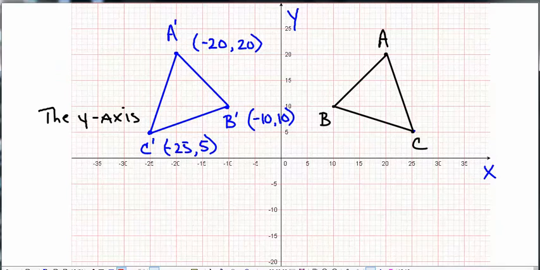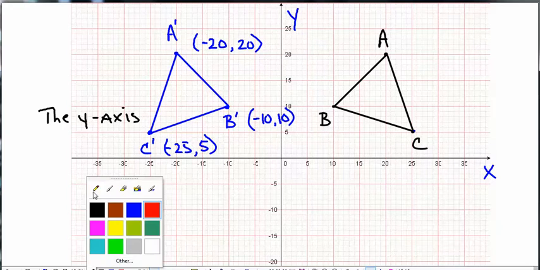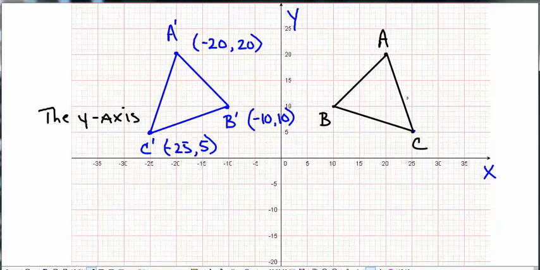If you had to reflect the image about the x-axis, now you're going to flip it down, correct? Okay. So point C, which right now is at 25, 5, is going to be at 25, -5. Good. There's your C prime. A, which is at 20, 20, is going to be at 20, -20.